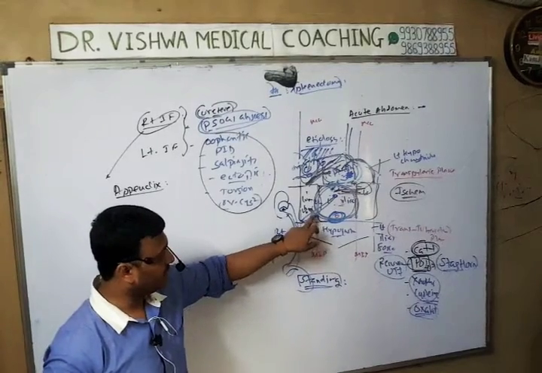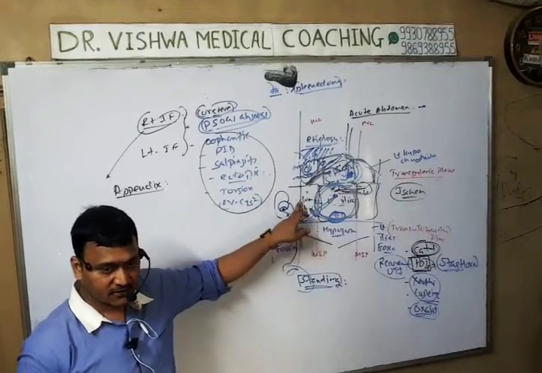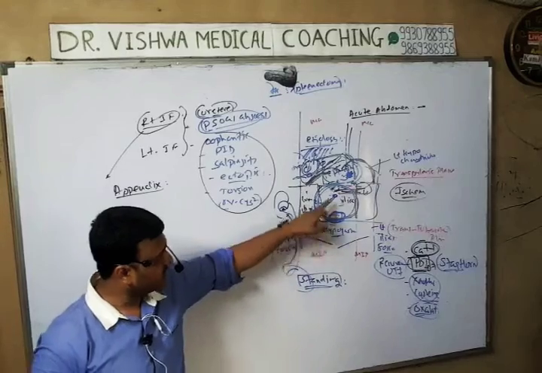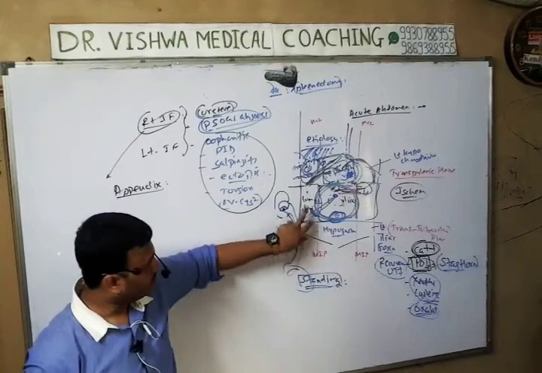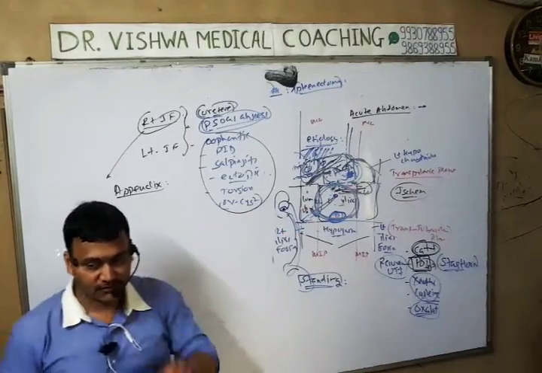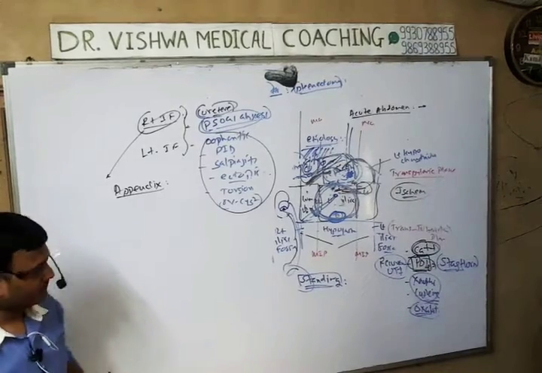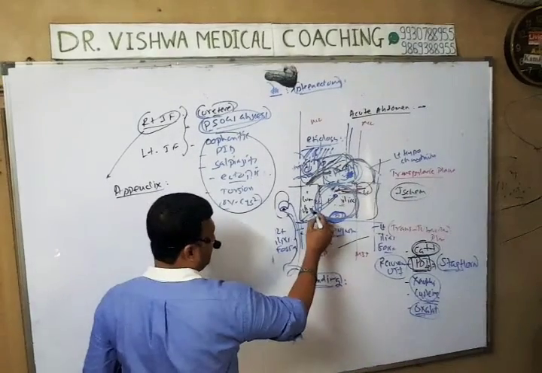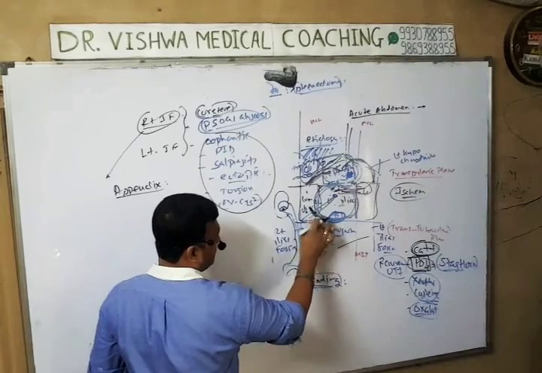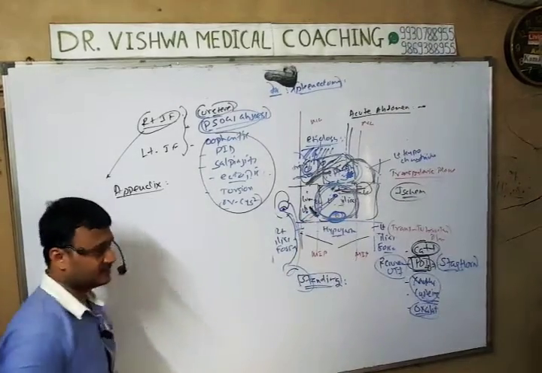And this is McBurney's point. We also have McBurney's incision, which is perpendicular to this line at this particular point, 2/3 above, 1/3 below. This is again 2/3, 1/3. This is McBurney's point. McBurney's incision is this.